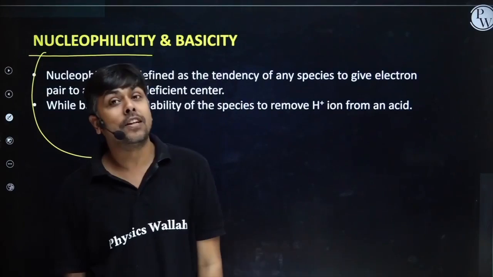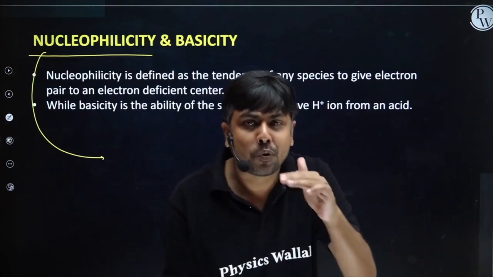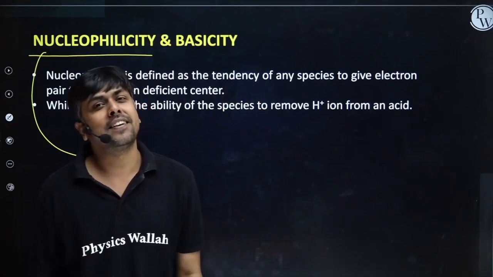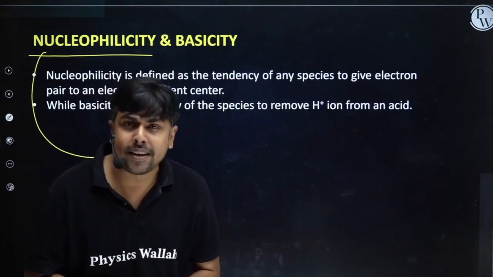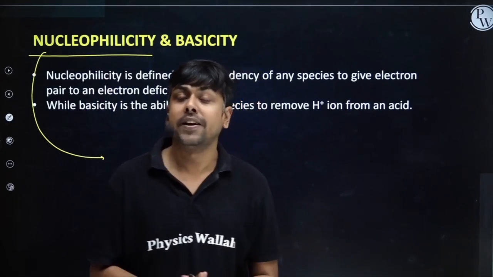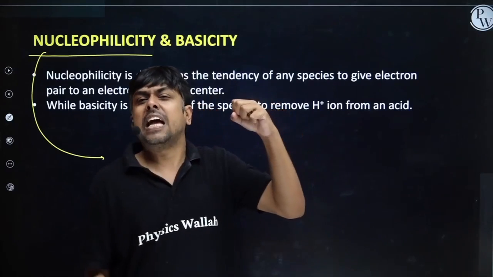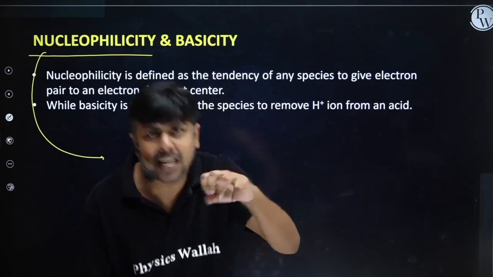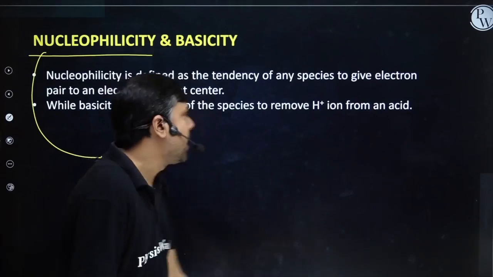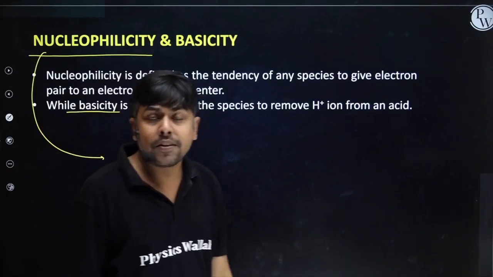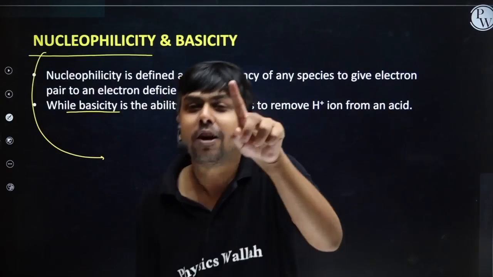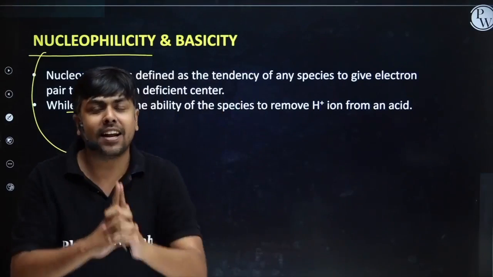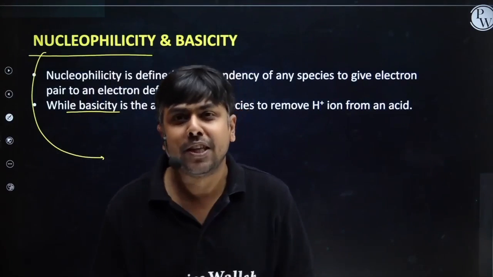The relative tendency of a nucleophile or an electron-rich species to donate a pair of electrons to an electron-deficient center is nothing but nucleophilicity, while basicity is defined as the relative tendency of an electron-rich species to snatch acidic hydrogen from any compound. The tendency of an atom to snatch acidic hydrogen from any compound is basicity, whereas the tendency of an electron-rich species to donate a pair of electrons to an electron-deficient center and form a sigma covalent bond with that center is nothing but nucleophilicity.